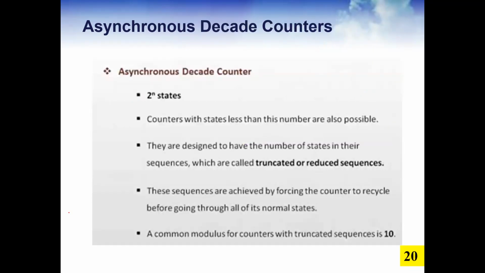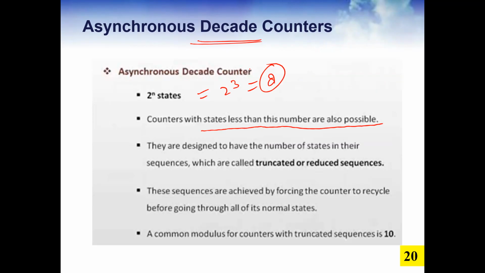Next, in asynchronous counters, come the decade counters, which we are going to discuss now. Decade counters are basically counters where states fewer than the maximum are possible. Like in the previous case, if n is equal to 3, the maximum number of states will be 8, 0 to 7 or 7 to 0 in the case of up and down counters.